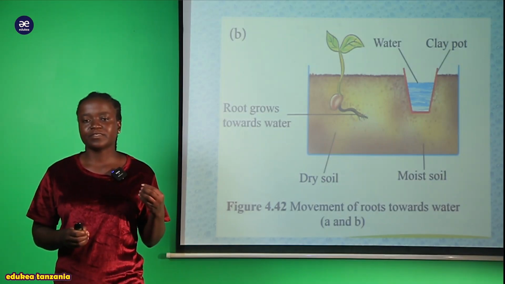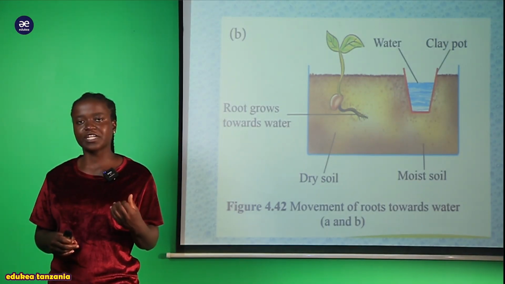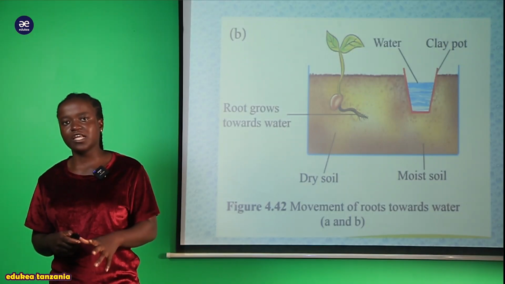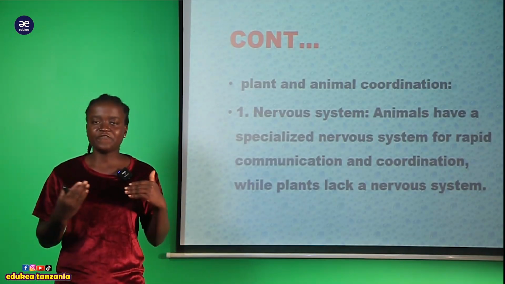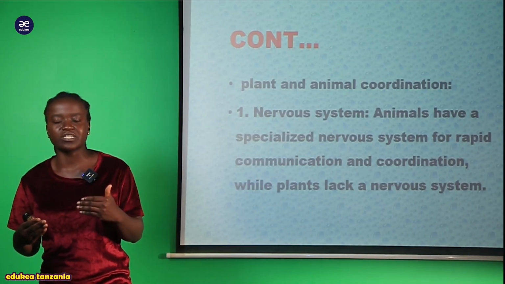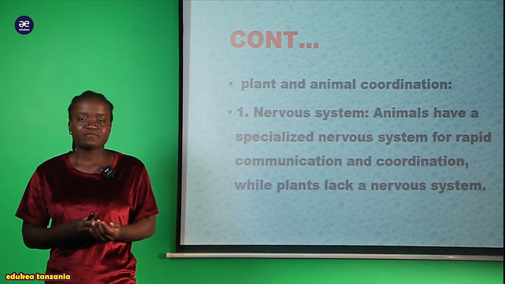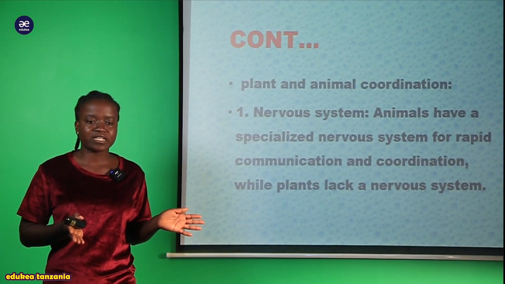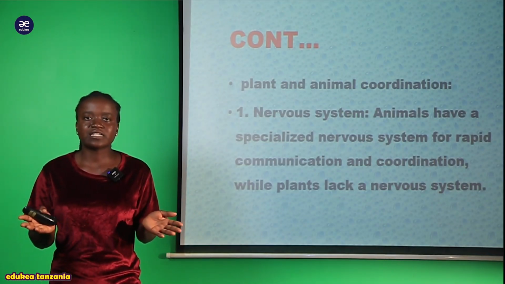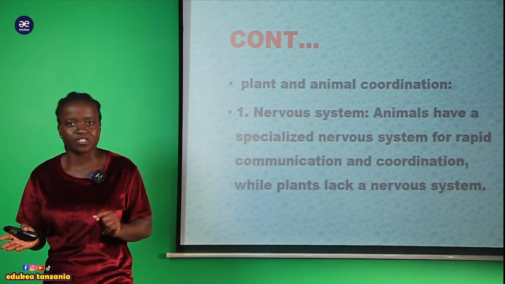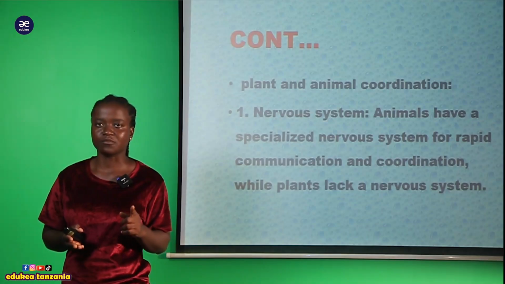That is the differences between plant coordination and animal coordination. We are going to see if there is a difference between plant coordination and animal coordination. We saw in a previous session, when we started looking at coordination in a plant, that there is a huge difference between coordination in a plant and in an animal.